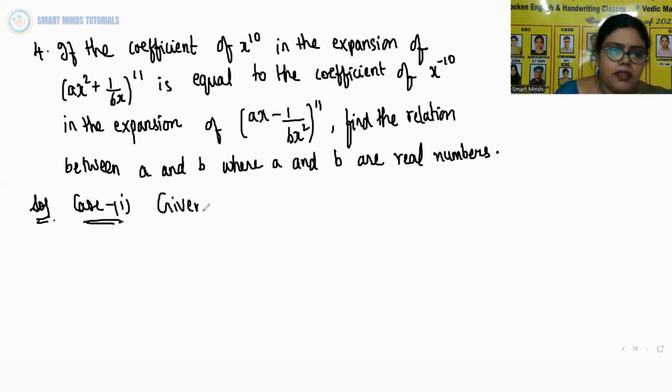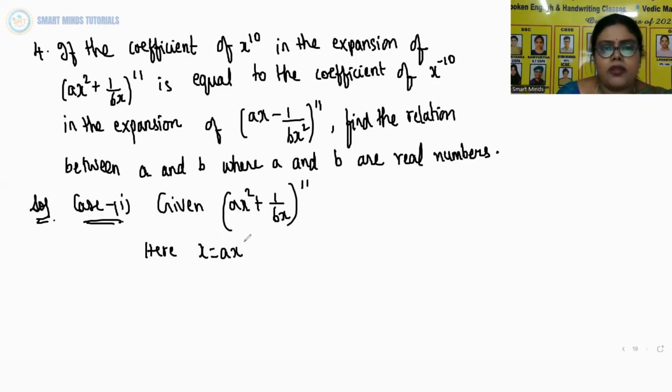Given (ax square plus 1 by bx) whole power 11. So here in the place of x you have ax square, in the place of a you have 1 by bx, and in the place of n you have 11. Now let us take the general term.